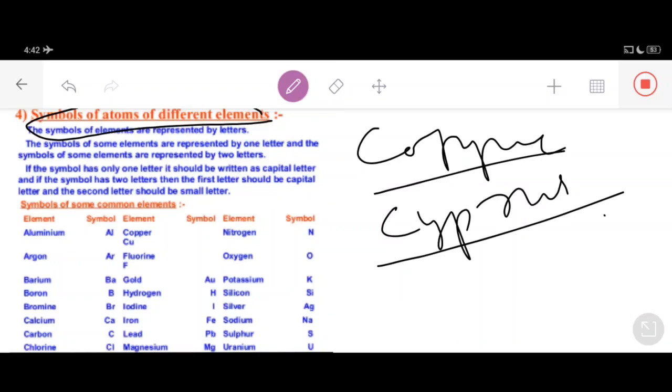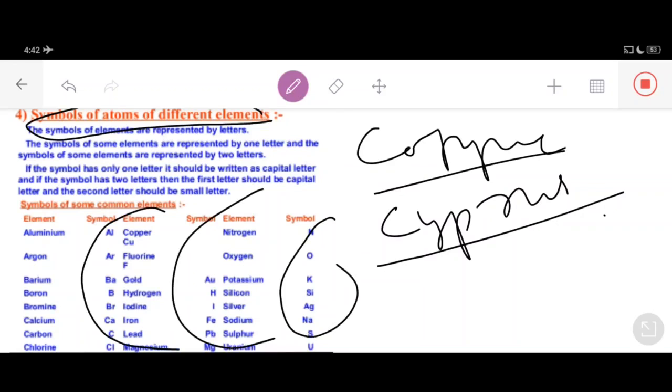Mark my words, I'm not talking about the modern periodic table or modern symbols. Ancient times means when there was no periodic table. So this copper was actually derived from Cyprus.